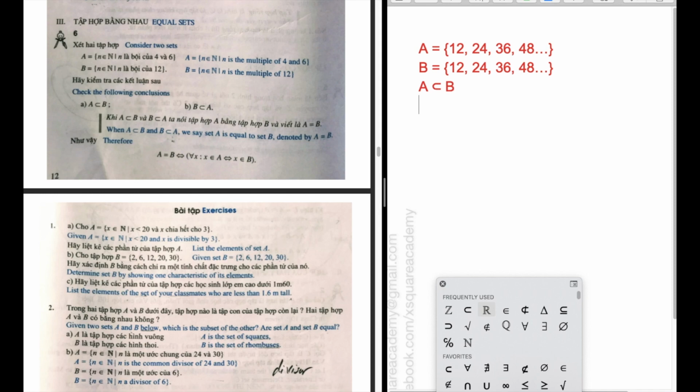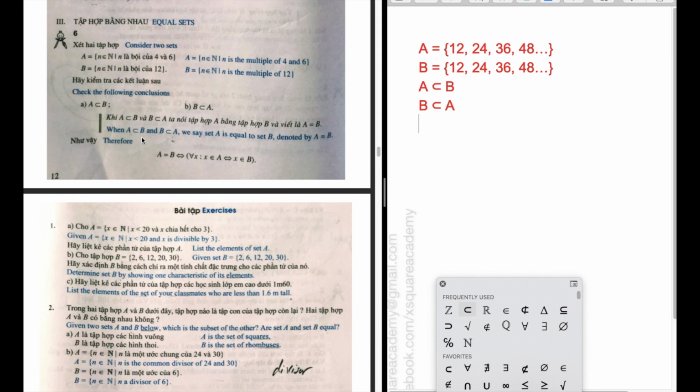Now consider the opposite direction. Set B is also a subset of set A. Check the following conclusion. As I said, A is a subset of set B is true, and B is a subset of set A is true too. And this is our theory about this part.